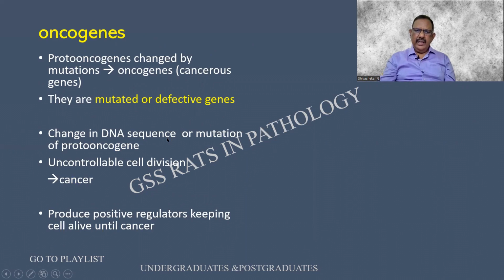There is a change in the DNA sequence or a mutation of the proto-oncogene, which leads to uncontrolled cell division resulting in cancer. They also produce positive regulators keeping the cell alive. So one is proliferation, another is to stay alive. They keep the cell alive until there is a transformation into cancer.